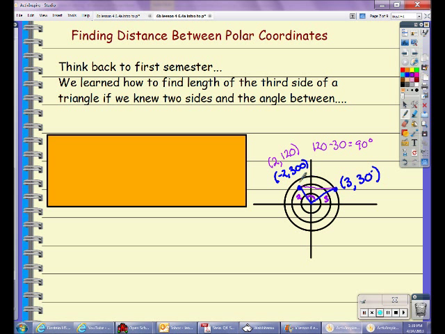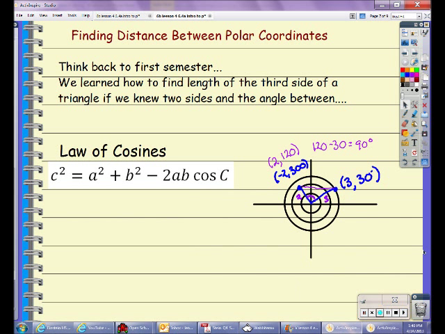Well, with 90, obviously, we could have used the Pythagorean theorem for this particular example, but if you have any angle between, we can use the law of cosines, where A is the first radius you know, B is the second radius you know, and C is the smallest difference between angles, the first and the second theta. And I described how to do that up here. Let's do an example of that.